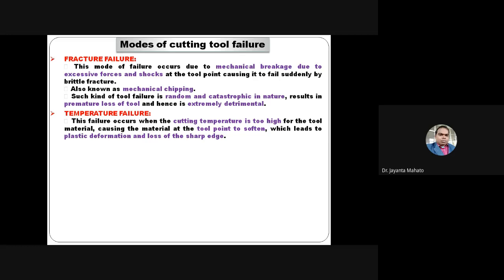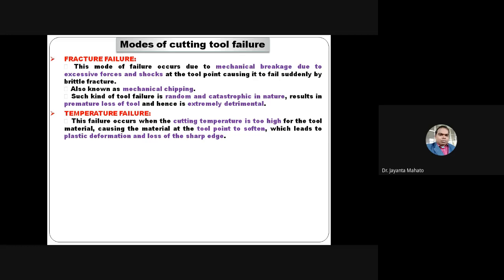So when the tip of the tool gets softened, this leads to plastic deformation. If the material gets soft, it deforms plastically more easily.